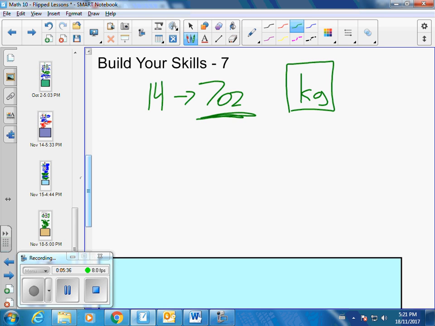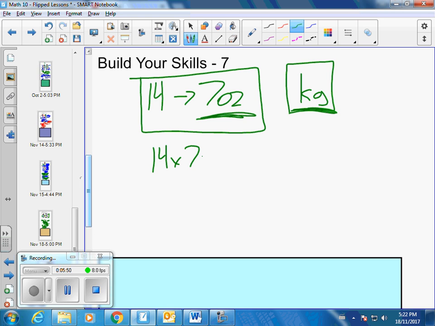So he knows that he needs ounces, but the prices are in kilograms, so he's going to have to convert one to the other. Let's get the easy stuff out of the way. I've got 14 people, 7 ounces each, so I'm going to have 98 ounces of meat to serve.